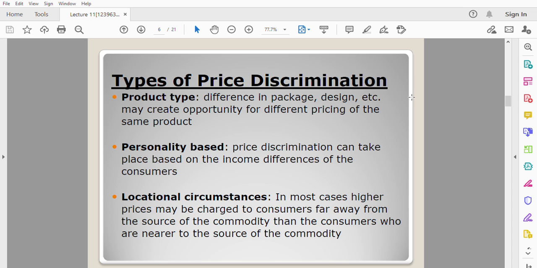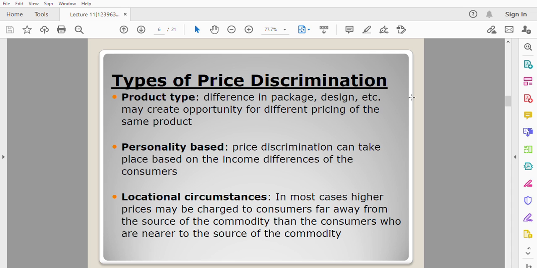The same product, maybe a biscuit produced, can be put in just a rubber bag and sold, and it can also be packaged nicely and sold. The same product will command different prices because it has been packaged differently. If it is designed differently, also it will result in price discrimination, giving different prices for the same product.